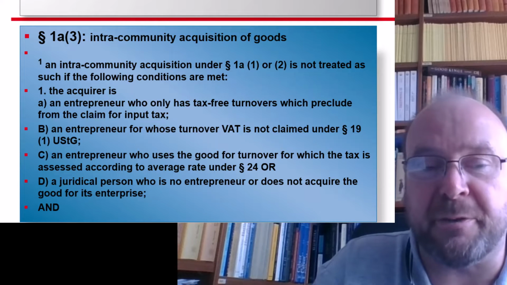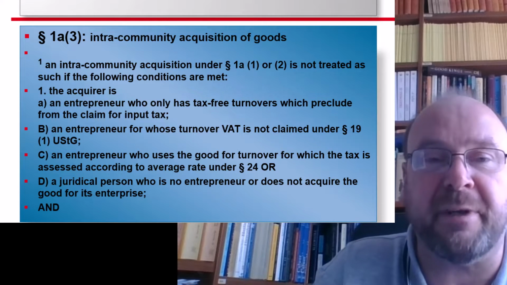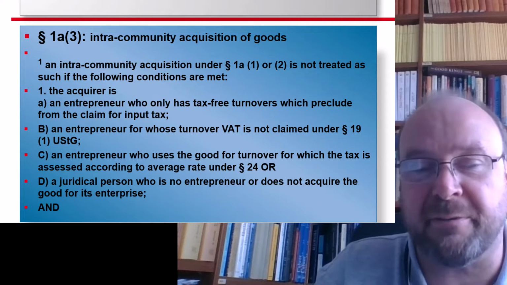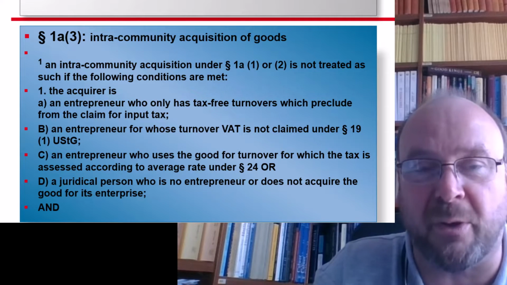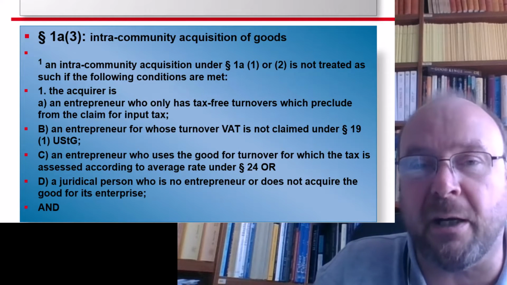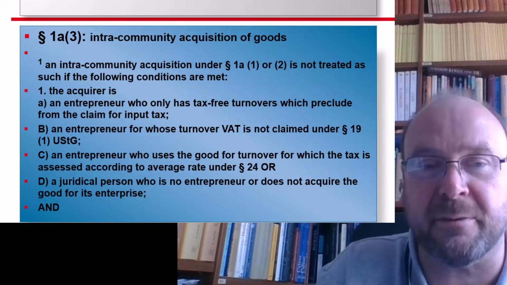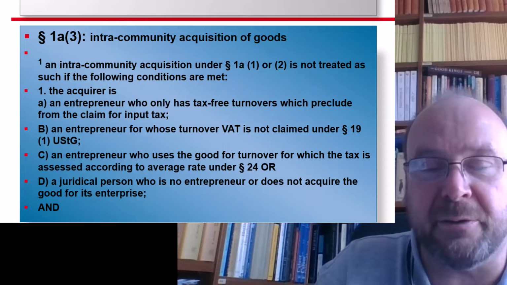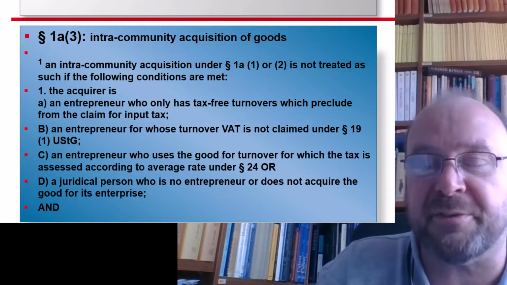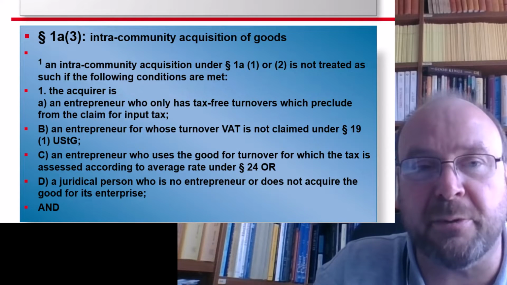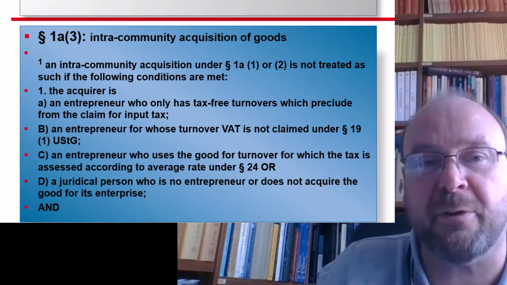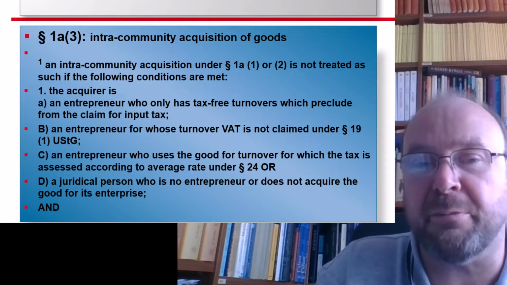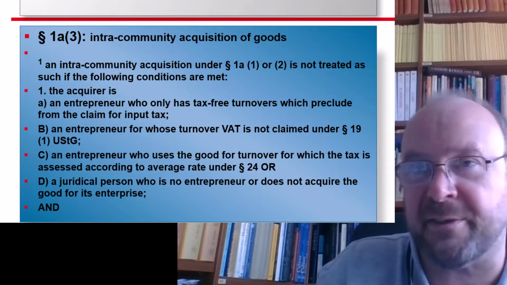Then B, an entrepreneur for whose turnover value-added tax is not claimed under paragraph 19, that are the so-called small entrepreneurs. They are entrepreneurs, but if they don't want to, they don't need to hand in a tax declaration. There is a rule on the small entrepreneurs: people who have very small turnover over the year usually perhaps don't know about the tax obligations.